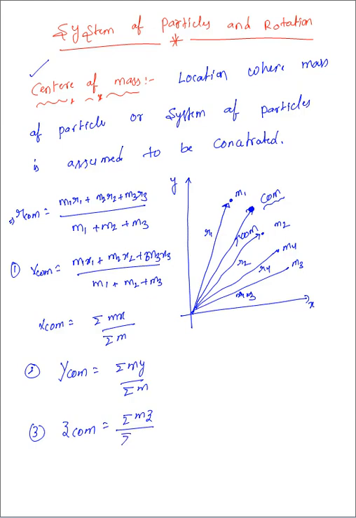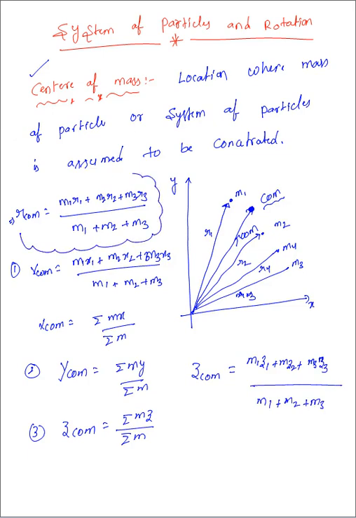Expanding the formula for z, ZCOM equals m1z1 plus m2z2 plus m3z3 up to mnzn, divided by m1 plus m2 plus m3 and so on. This is the main formula which we have to remember. All the rest come from this formula only, and we can also mention this formula in vector form.